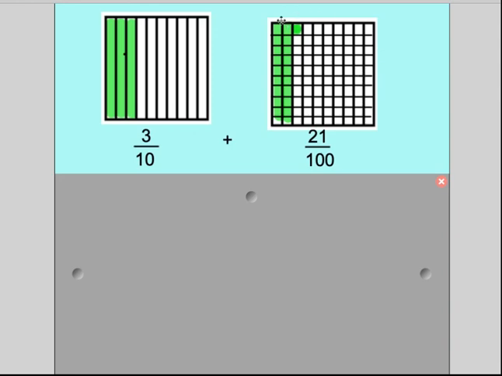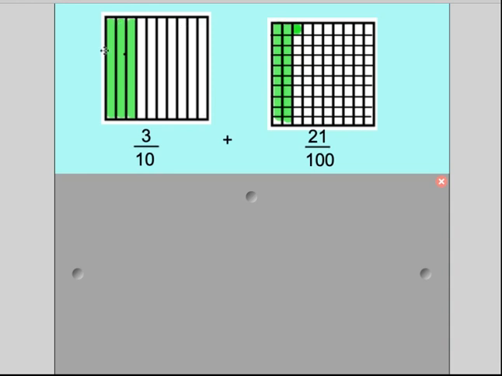There are 100 pieces. 2 of the tenths are shaded in, and then 1 hundredth. All right, so how are we going to make these the same size pieces? What can we do? Well, you might be saying you could delete some of these lines over here, but that might be a little bit tricky. So could we turn this into 100 pieces?